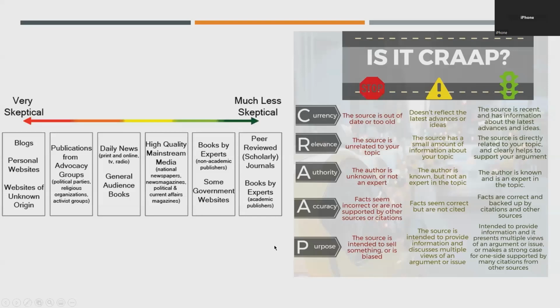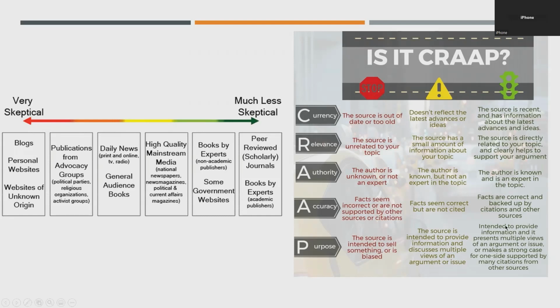Some things are just meant to sell you stuff, not all sources are meant to be informative. Or sometimes a source is designed to try to manipulate you, or to push a very specific agenda. Sometimes a source is just meant to be funny or to be entertaining. So you also want to consider the purpose of a source.